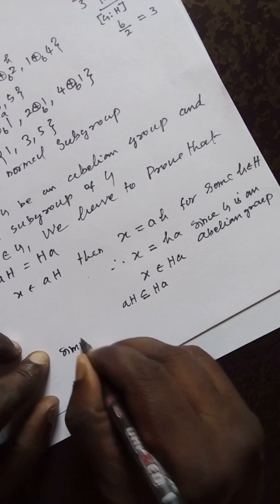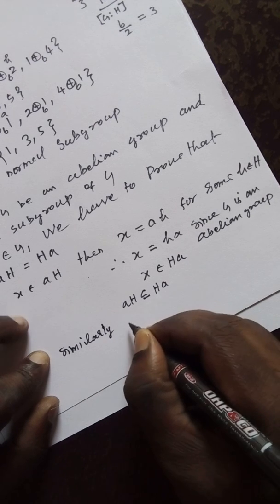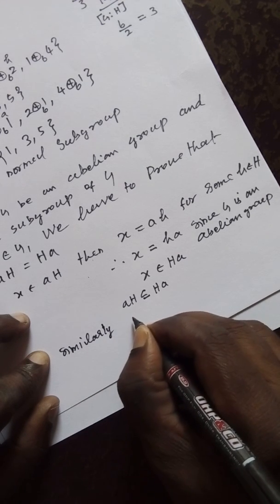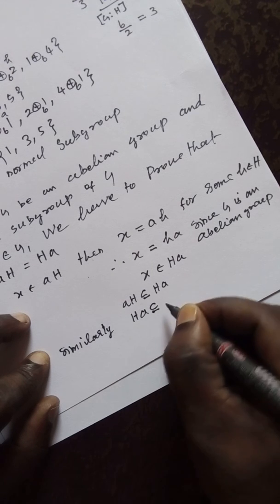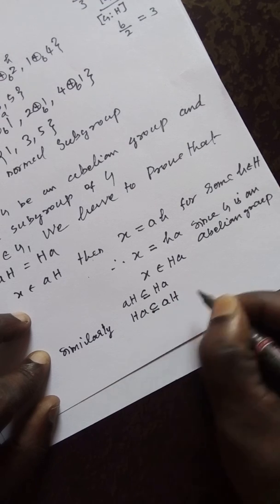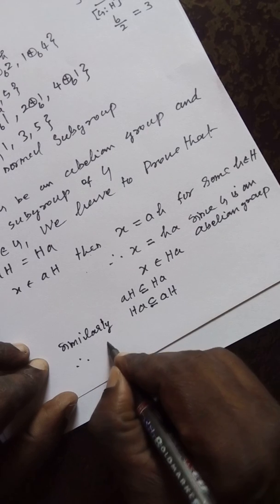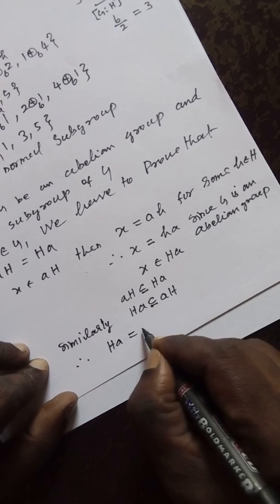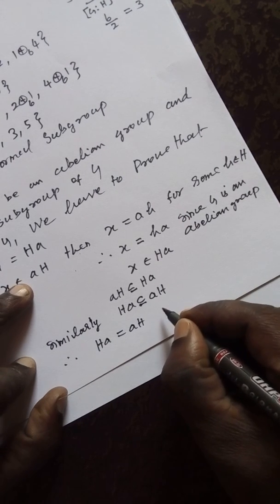Similarly, we can prove that Ha is also contained in or equal to aH. Therefore Ha equals aH.